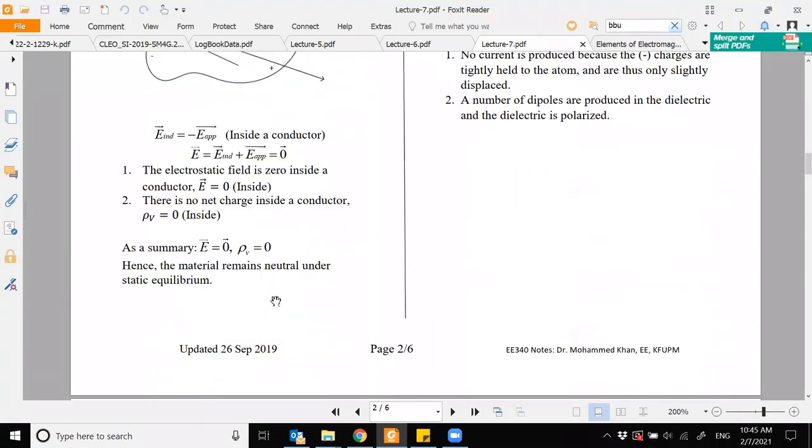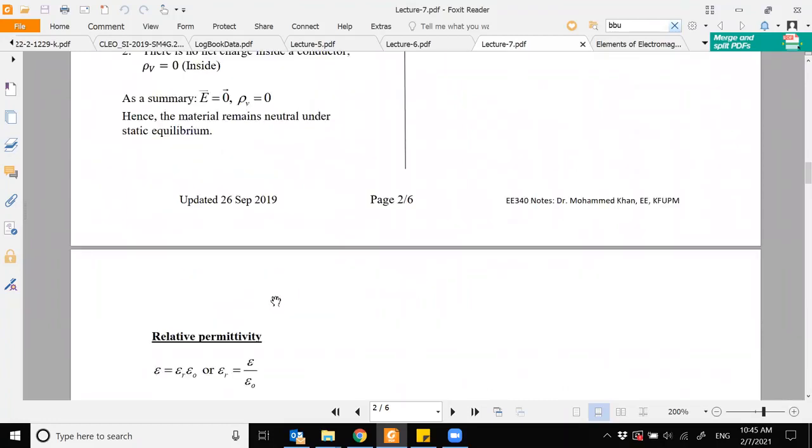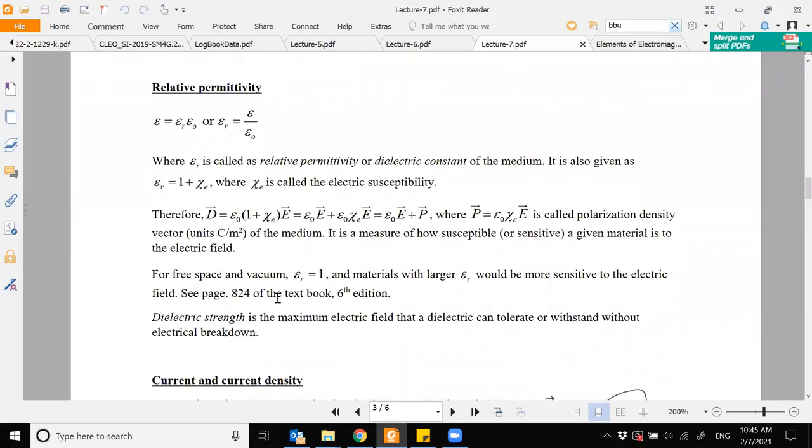Okay, now let's go to the relative permittivity. Again, as I told you, permittivity is the property of a material, which we put under the umbrella of epsilon.